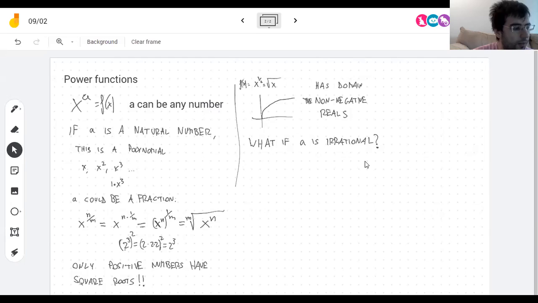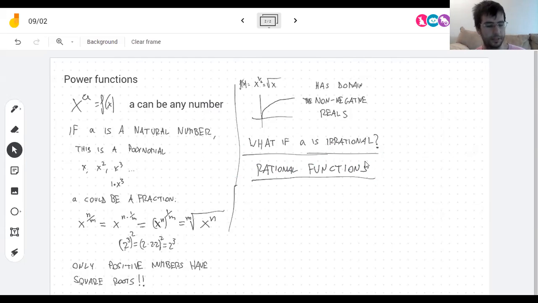All right. So next on the list, I'm not gonna say much about, are rational functions. Rational functions are what you get. Polynomials were what you got from adding, subtracting, multiplying.